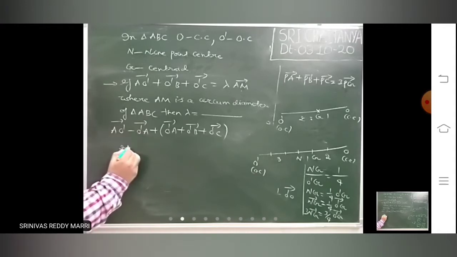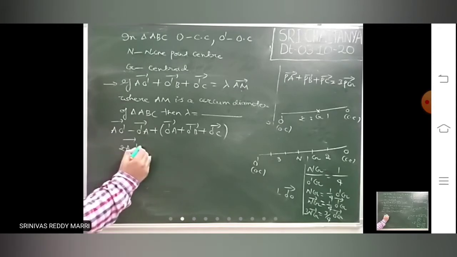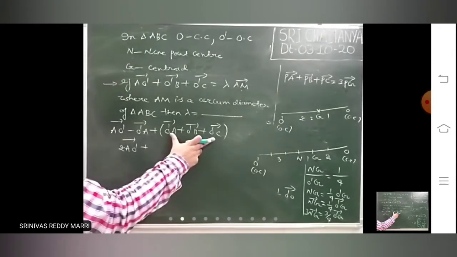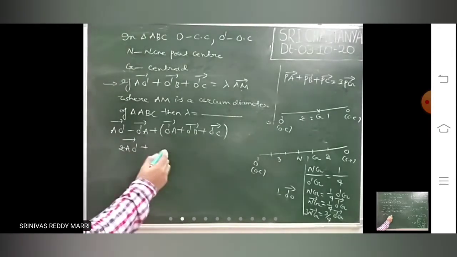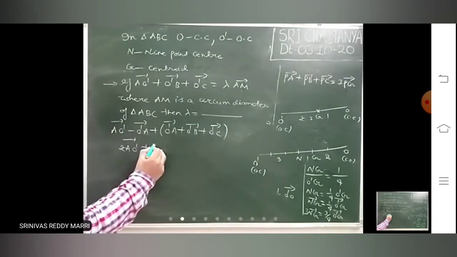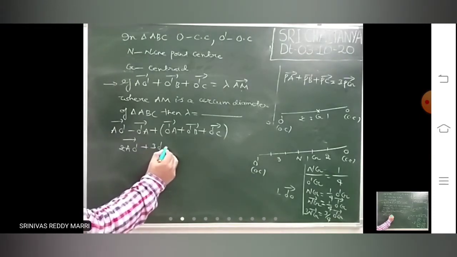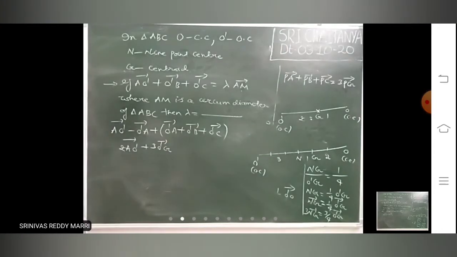That means this is 2 AO' bar plus, so this is 3 O'G bar.